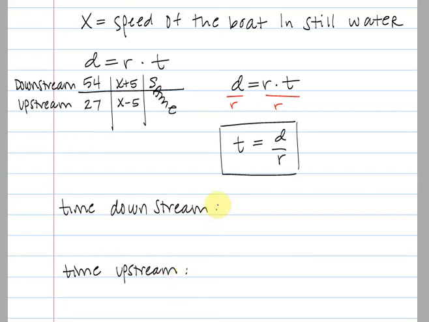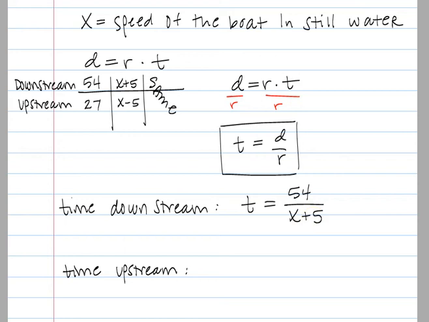So let's put all this together. An equation that represents the time going downstream is t equals distance divided by rate. The distance going downstream is 54 and the rate we represented by the expression x plus 5.